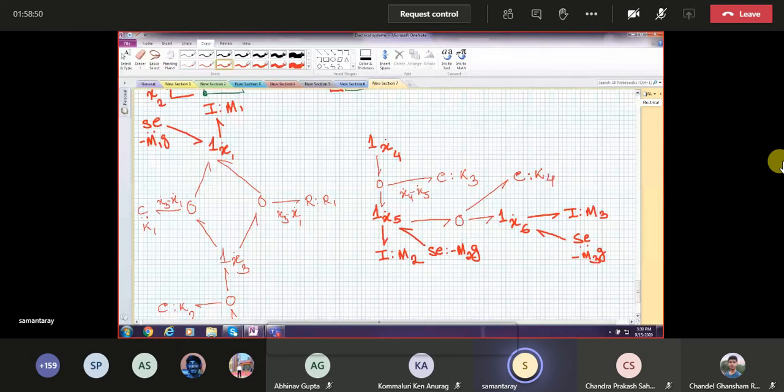Okay. Now what else is remaining between x1 dot and x4 dot? If you look at that lever, what do we have?